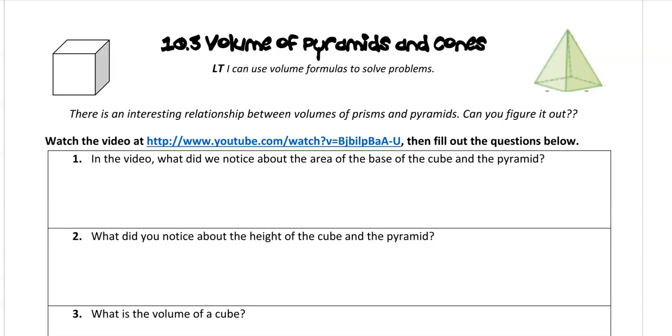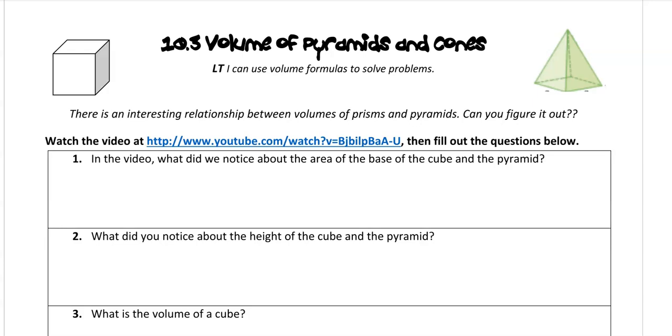Hello, in this video we are continuing to talk about volume. In the last video we talked about the volume of a prism and cylinders, and we learned that it was basically the same formula for prisms and cylinders.